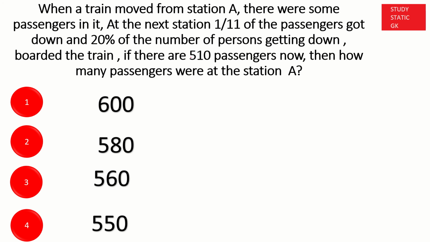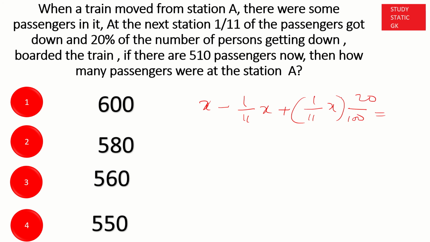So okay, here it's just equation solving, nothing more than that. So let's say x is the total at first, right? So at the next station 1 by 11th of x get down, right? Again the boarded were 20% of that.